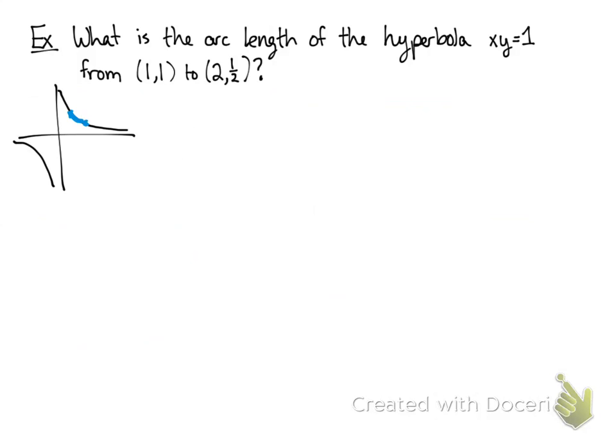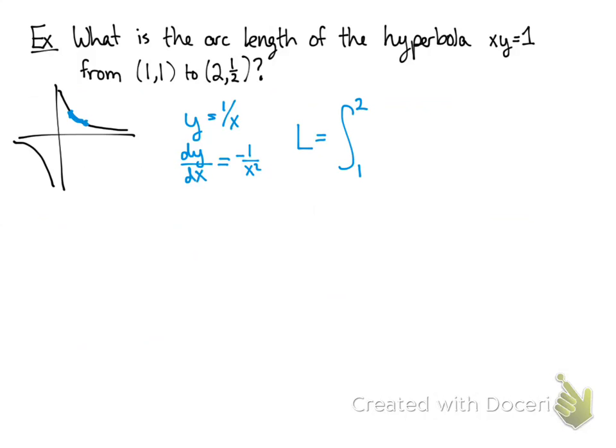According to the first arc length formula we wrote down, I need to write an equation y equals some function of x. So I solve the equation xy equals 1 and get y equals 1 over x. I need to know the derivative of that, thinking of x as the variable, so that's negative 1 over x squared.